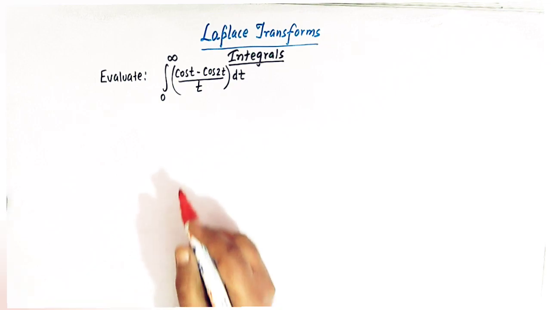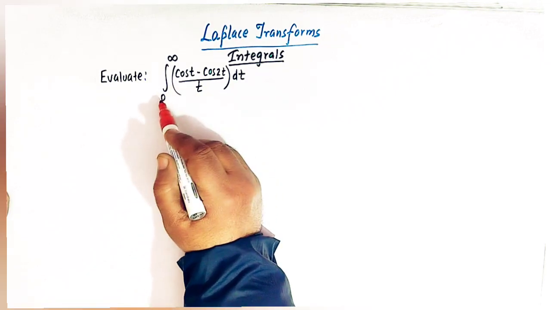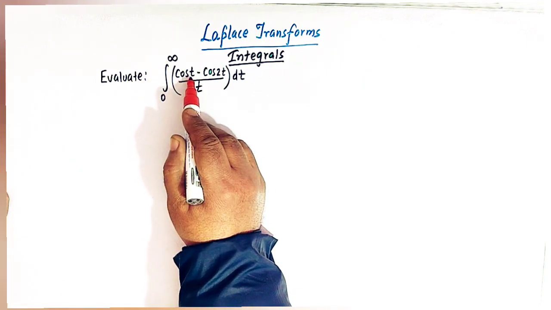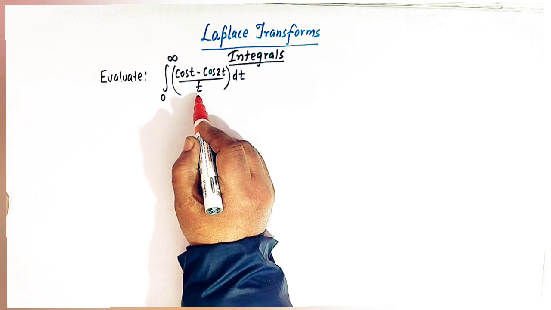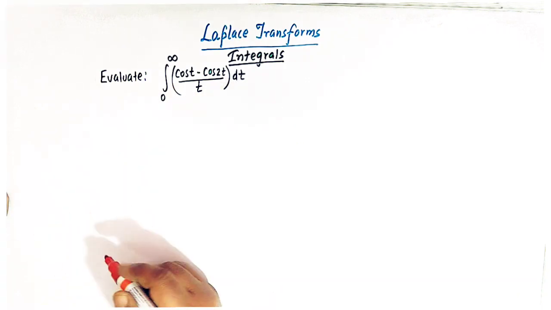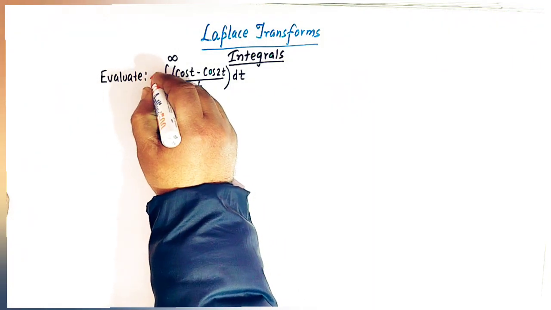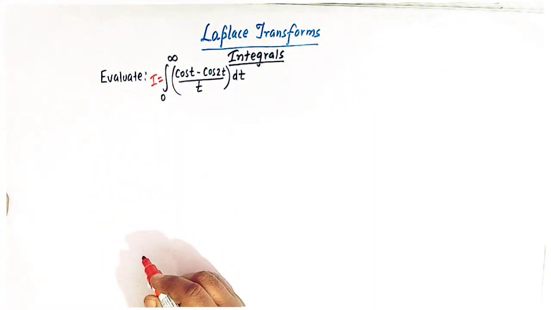So here we have to evaluate this integral from 0 to infinity, and the integrand is (cos t minus cos 2t) over t, dt, right? So what we will do here, let us first take this integral as I, right?